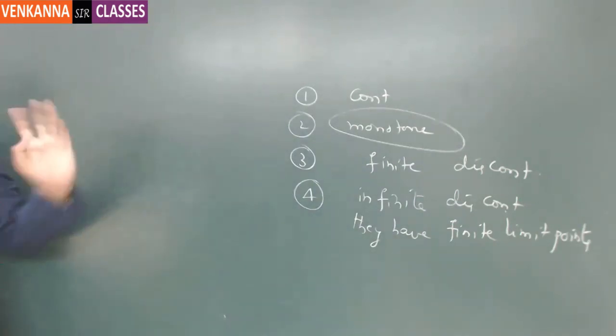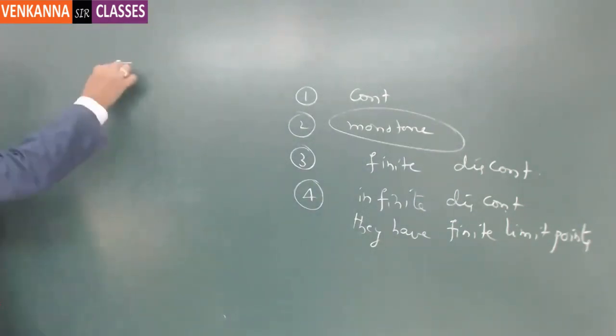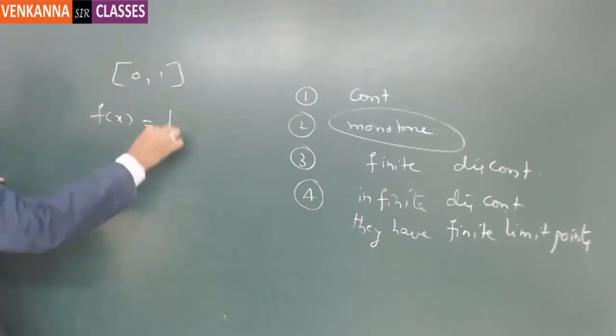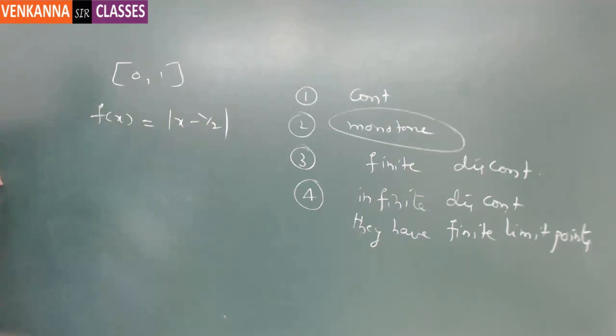Now let us take, on the closed interval [0, 1], the function f(x) = |x - 1/2|. Is this function monotone on the interval [0, 1]? Is it increasing or decreasing? It is neither increasing nor decreasing.